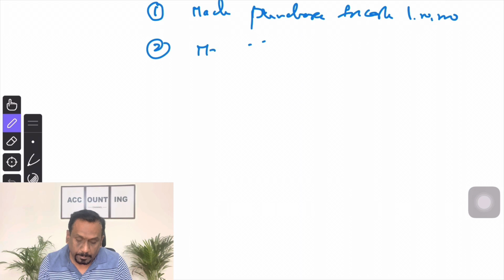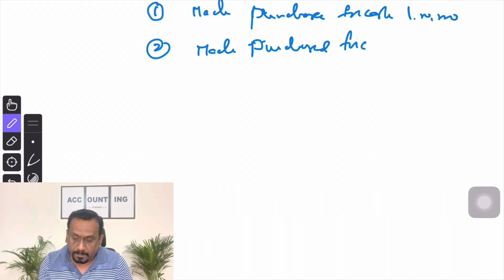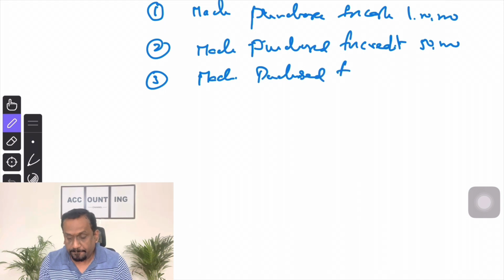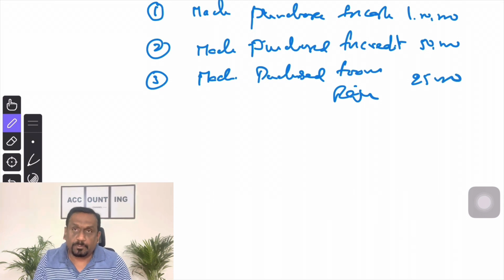Number 2, machinery purchased for credit 50,000. Number 3, machinery purchased from Raju 25,000. Let us discuss these three different types of transactions.